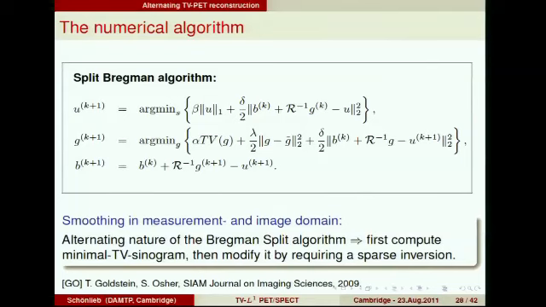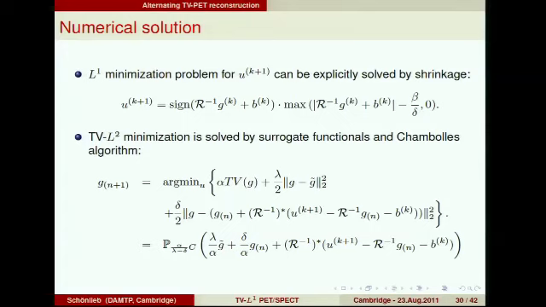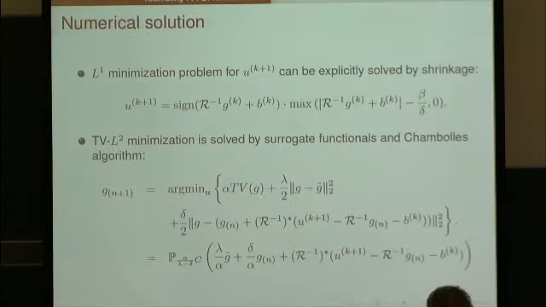The first problem, the minimization in image space, is just a shrinkage problem. It's an L1 minimization problem which you can solve directly via shrinkage. The second minimization problem is a total variation minimization problem, which we solve by approximating the original TV minimization problem by a sequence of surrogate functionals, and then we apply Chambolle's algorithm.